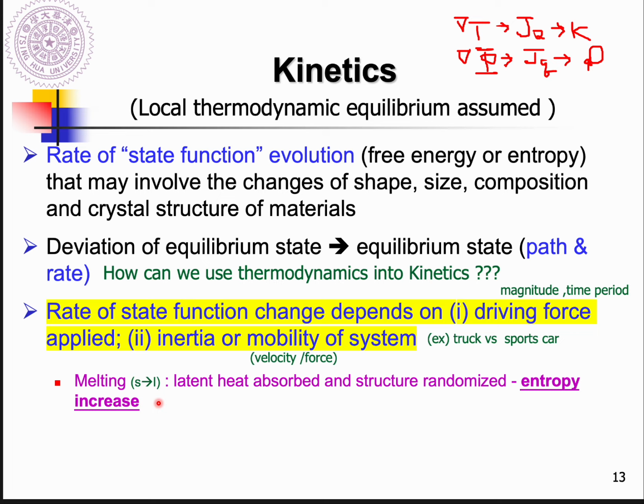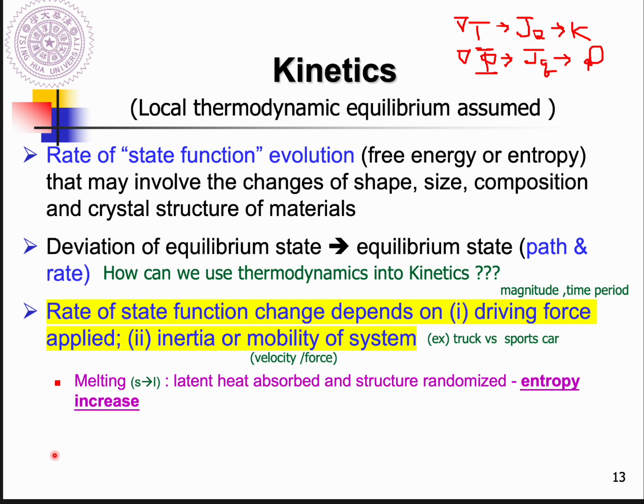Then probably you will have a little bit of concern, right? Because during the melting process, the temperature does not change with time. If you use the temperature as a state function, that does not change with time. So probably you will say, oh, is a melting process a kinetic process? But that state function does not change with time. So I would say you need to consider another state function.